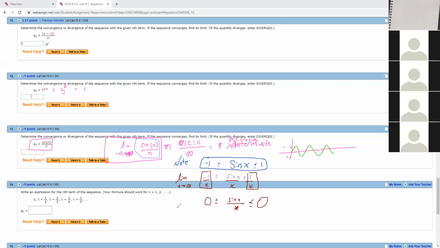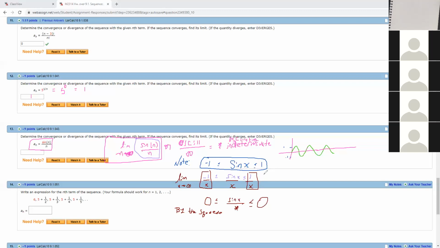Therefore, by the squeeze theorem, we know the graph of sine x over x as we go out forever and ever is getting squeezed by this graph above it and this graph below it.